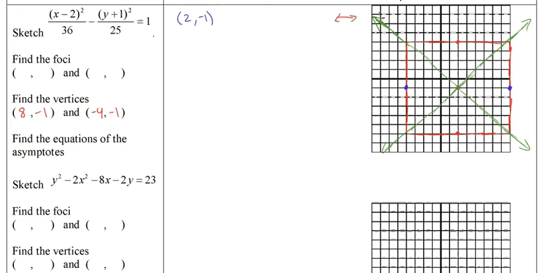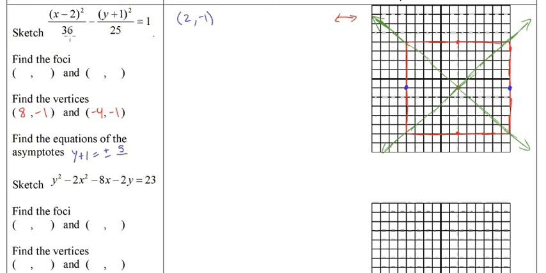All right, and while we're at it, let's go ahead and find the equation of those asymptotes. So we've got y minus the y value here, so y minus negative 1, so really y plus 1, and we're just putting this into point-slope form, is equal to plus or minus, because there's two asymptotes, one with a positive slope, one with a negative, the rising value, so that's going to be 5. It's the square root of the denominator on the y term, so plus or minus 5, and then it's running 6.